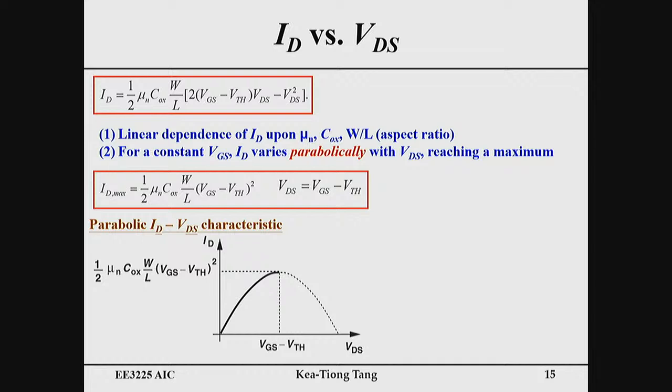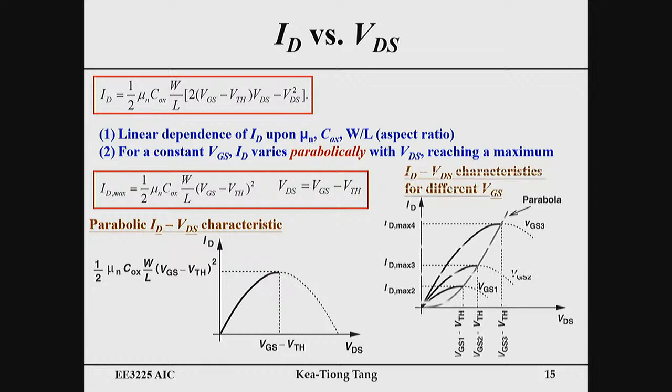Okay? So one thing you know is that if you increase VDS, you are going to see an increase of drain current until the drain current reaches a maximum. Okay? And when it reaches the maximum depends on VGS. If we have different VGS, the drain current will reach maximum at different drain voltage.